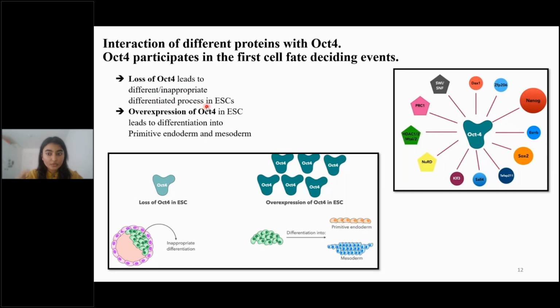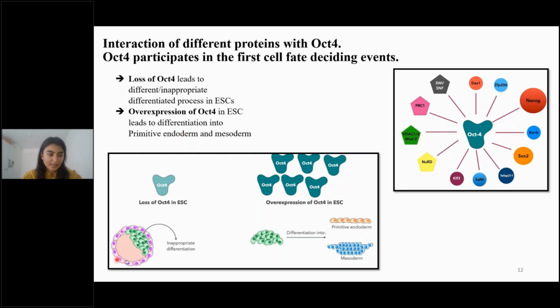And if the OCT4 protein is more in the cell, it leads to differentiation into primitive endoderm and mesoendoderm. So if there is a lot of OCT4, the stem cell is going to differentiate. If it's less, there are not going to be a lot of differentiation processes.